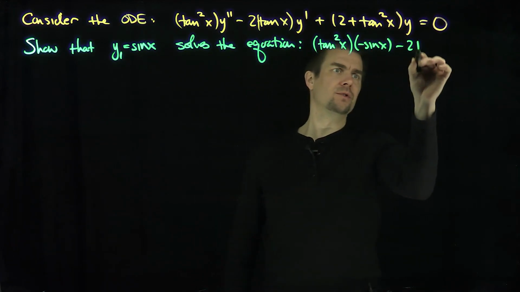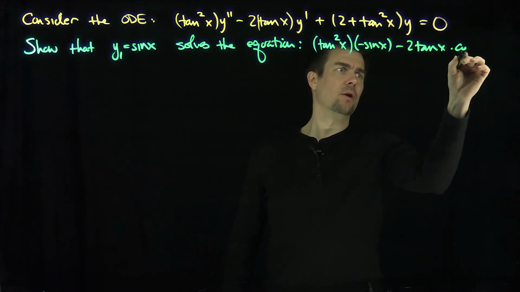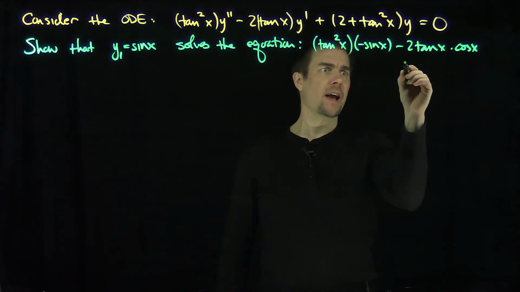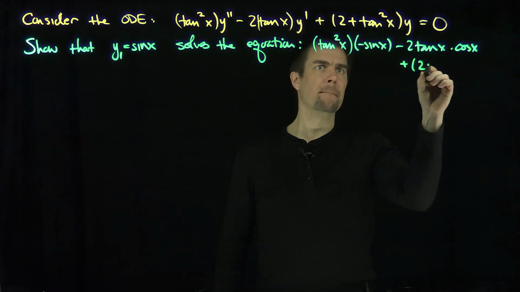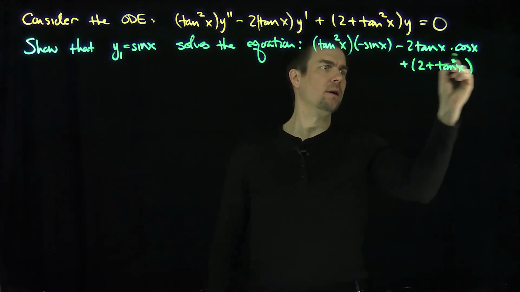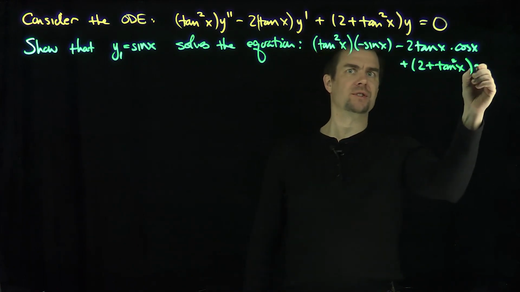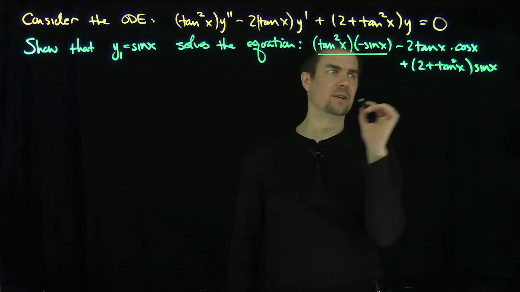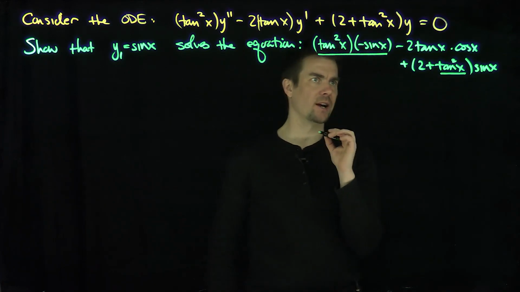And then minus 2 tangent of x times cosine of x, because the first derivative of sine is cosine. And then I have plus 2 plus tangent of x squared, times the original function, which is just sine of x. Of course we see that the negative tangent squared of x sine will cancel with this positive tangent squared of x sine.